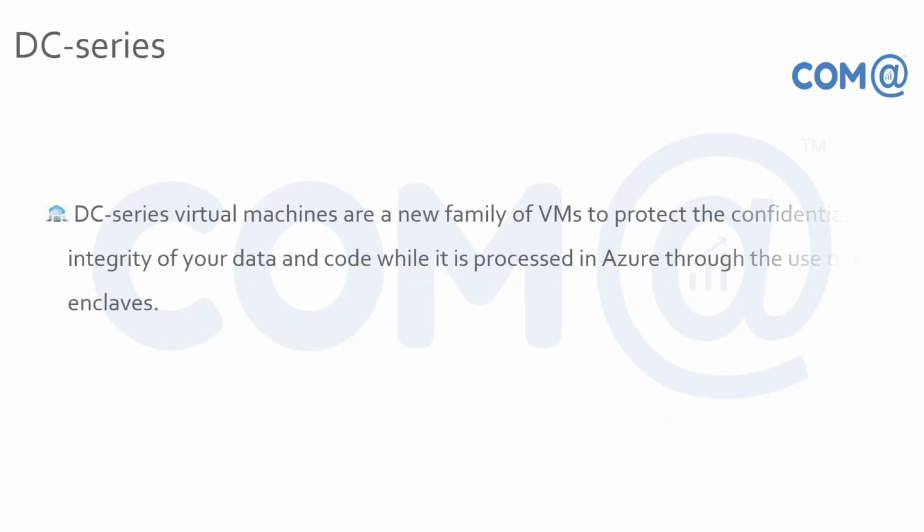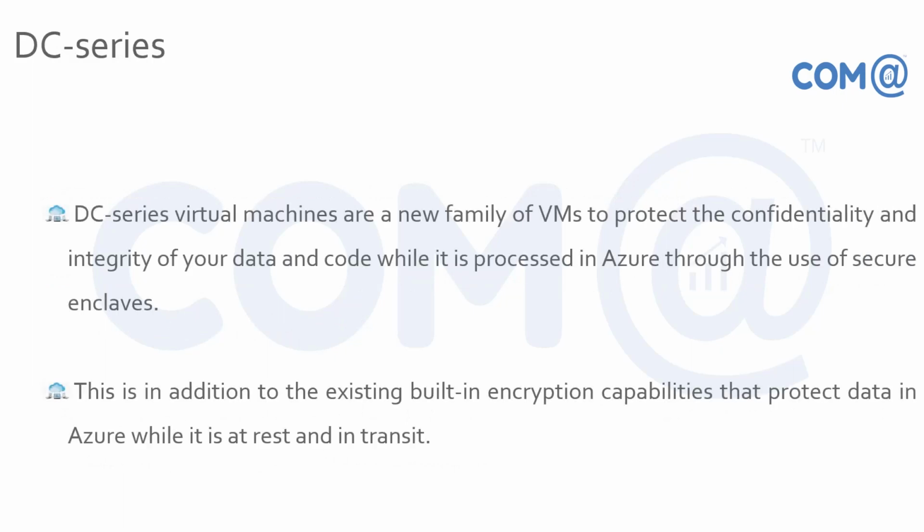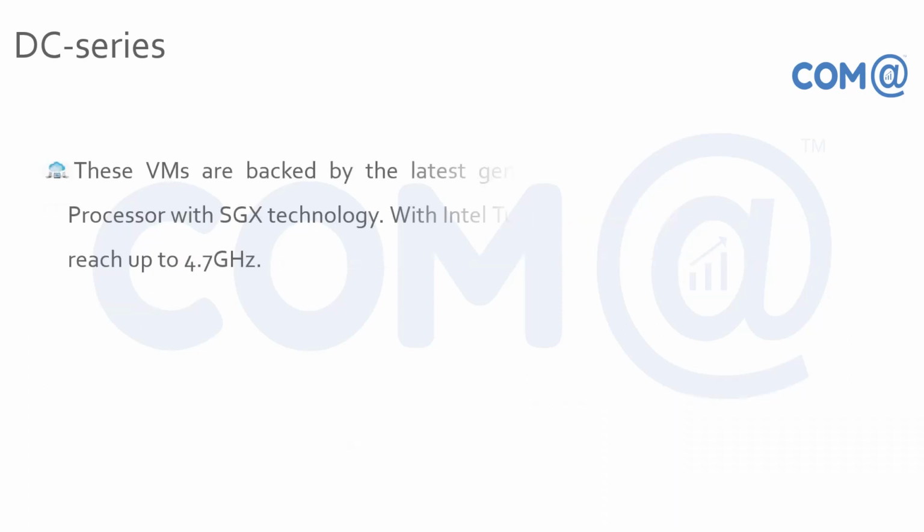And DC series virtual machines are a new family of virtual machines to protect the confidentiality and integrity of your data and code while it is processing in Azure through the use of secure enclaves. This is in addition to the existing built-in encryption capabilities that protect data in Azure when it is at rest and in transit.